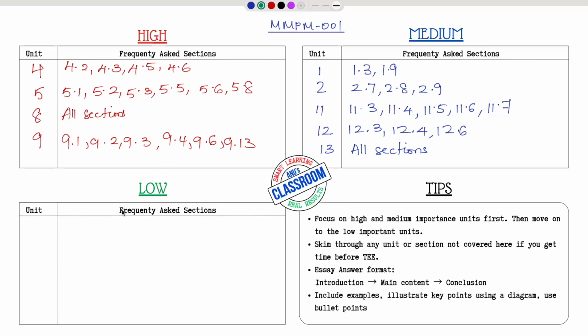So these are units 3, 10 and 14. From unit 3, you can focus on 3.2 and 3.6, because mostly questions have come from these two sections. From unit 10, you can focus on 10.1 and 10.9. From unit 14, you can focus on 14.6.